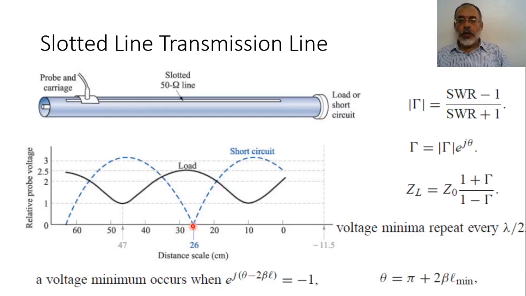Now we have used the short circuit to determine the reference point of the terminal. We are going to remove the short circuit and replace it by the load. For the load, we have obtained such a standing wave pattern. In this case, we can note that this is the reference point.